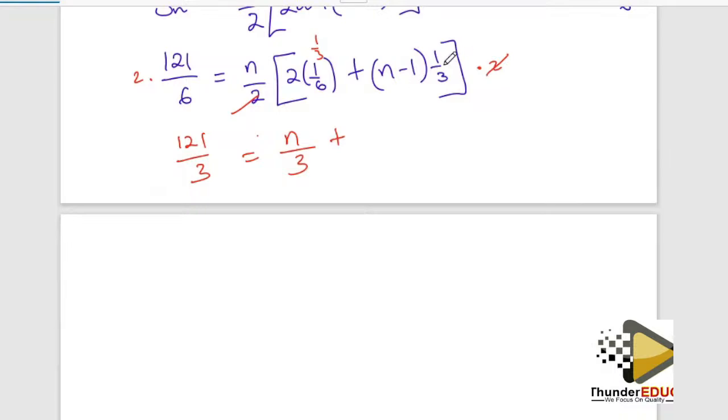Plus this and that is going to be n over 3. But I'm multiplying with n again. So that's going to be n squared over 3 minus 1 over 3 n. Some people are confused now.